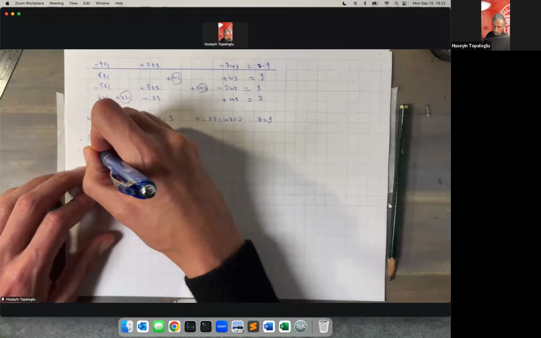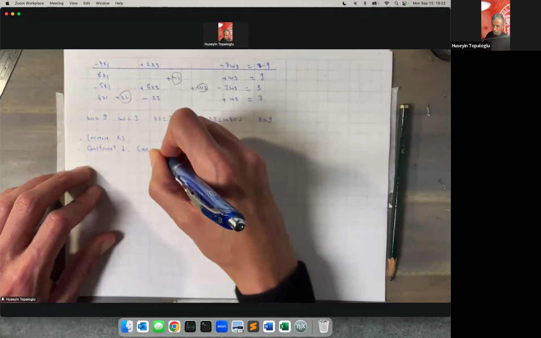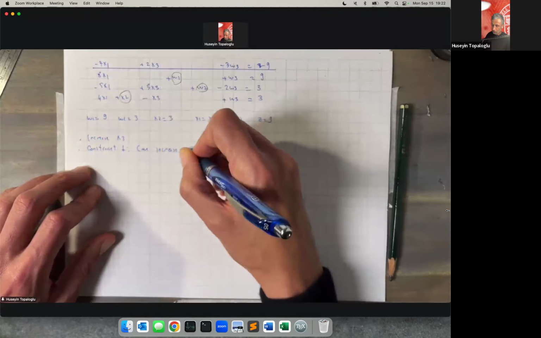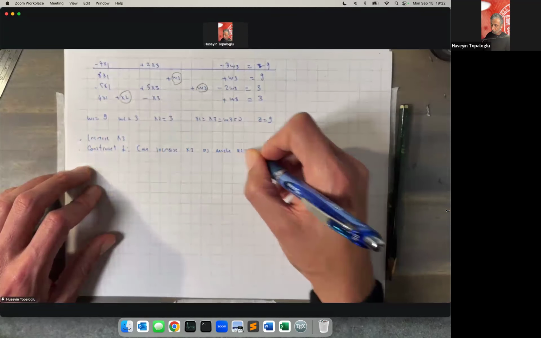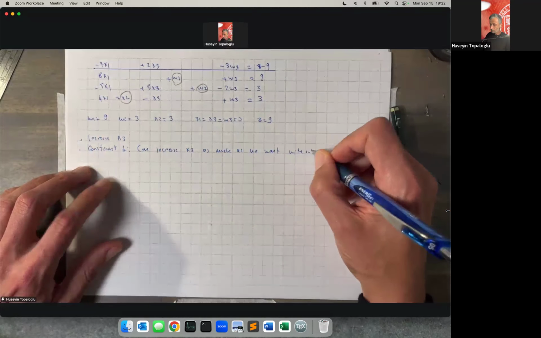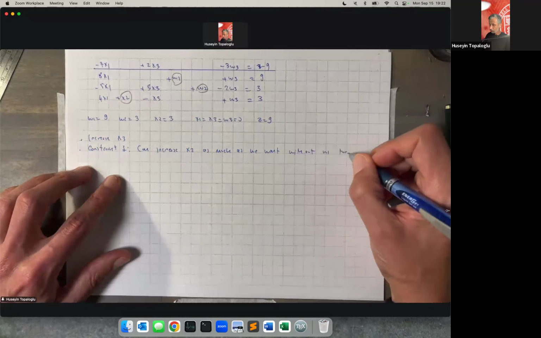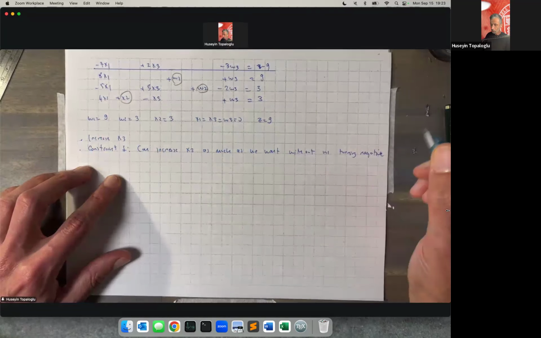So the first constraint doesn't give me any trouble. From the perspective of the first constraint, we can increase x3 as much as we want without W1 turning negative. Good.